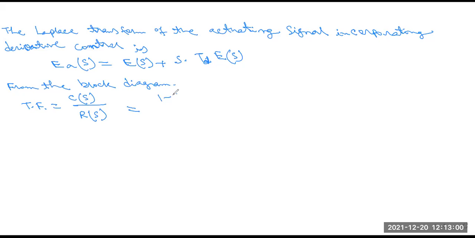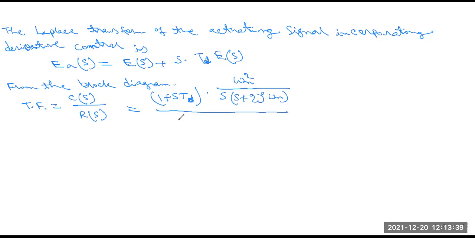That is (1 + s T_d) into, this is a second order system, we know, omega_n squared by s into (s + 2 zeta omega_n).